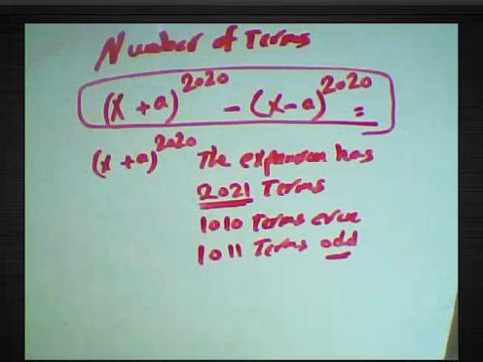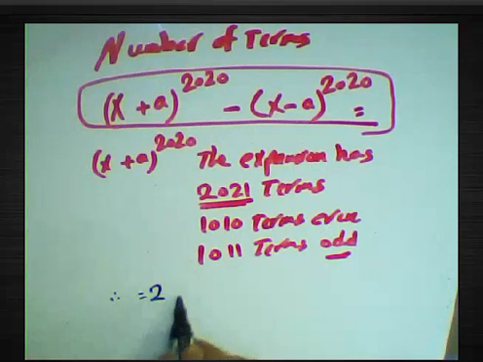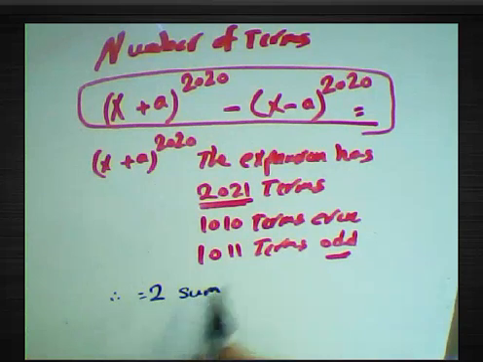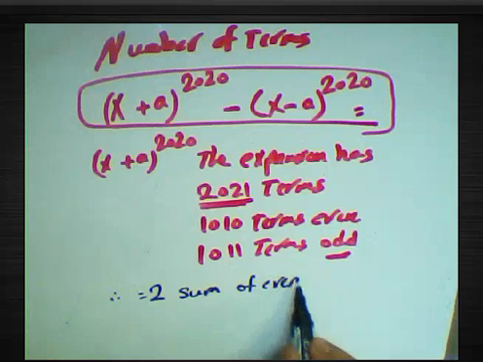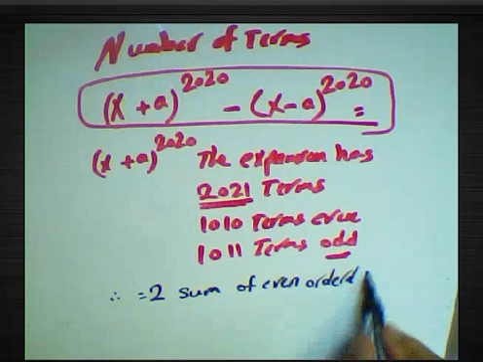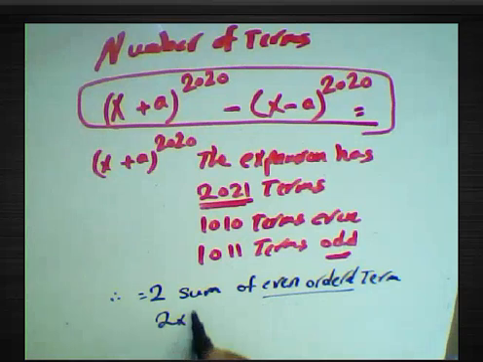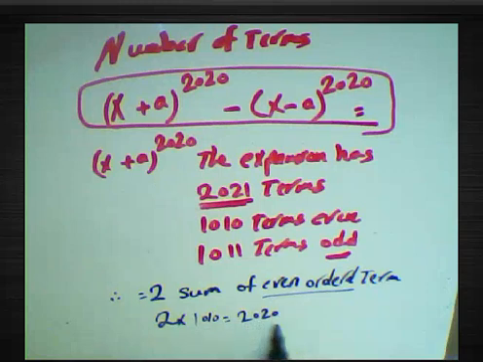It will be twice the sum of the even terms. The number of terms equals the sum of the even and odd terms. 2 multiplication the sum of even terms here: 2 times 1010 will be 2020.